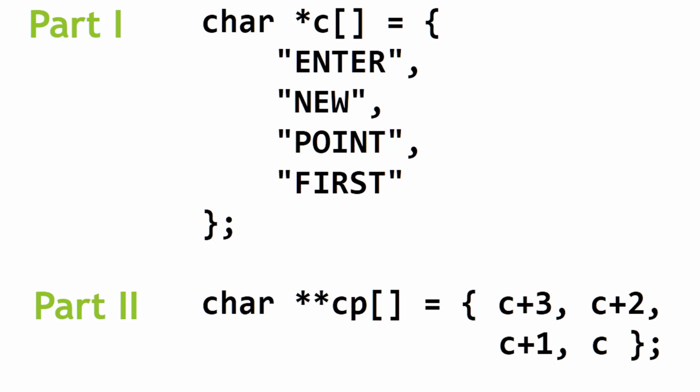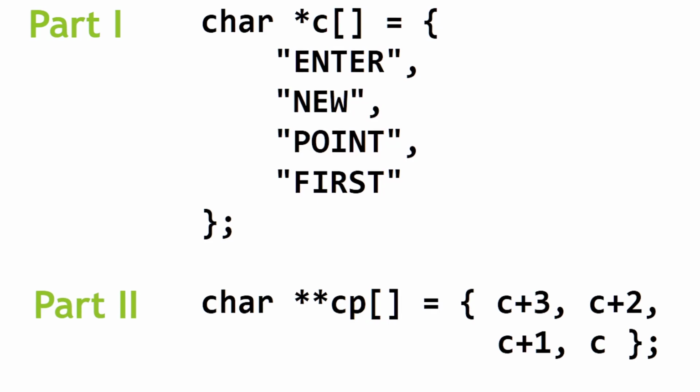So in essence, it's going to be pointing at first C plus 2 points at the word point. C plus 1 points at the word new. And C by itself, of course, points at the base of the array. And the first thing in that array is the word enter. So that's an array of 4 pointers to char.